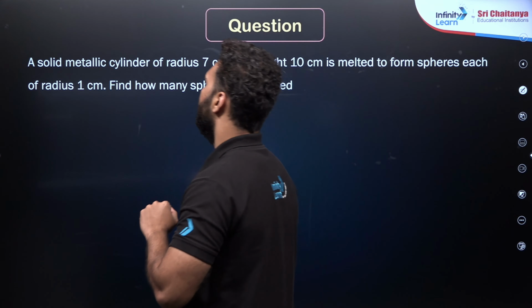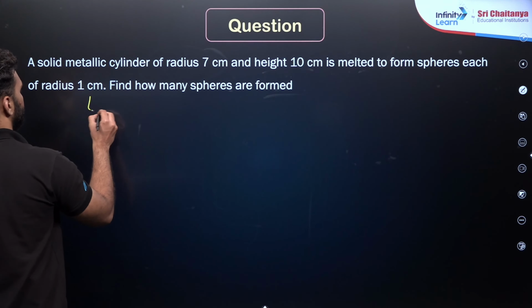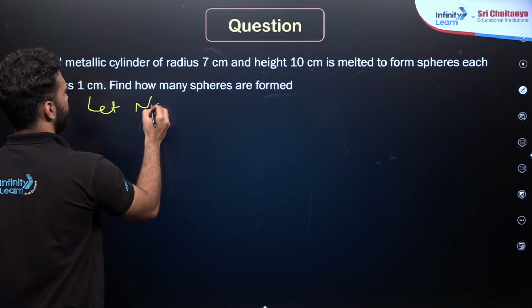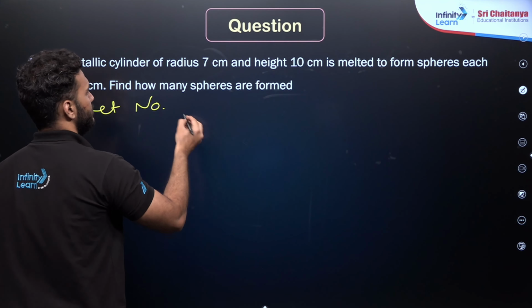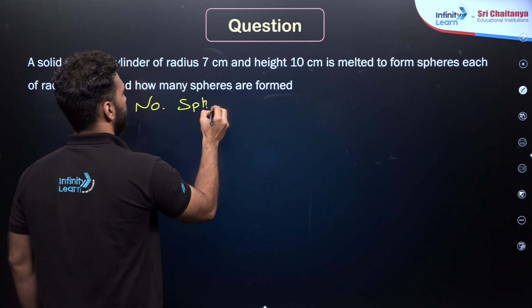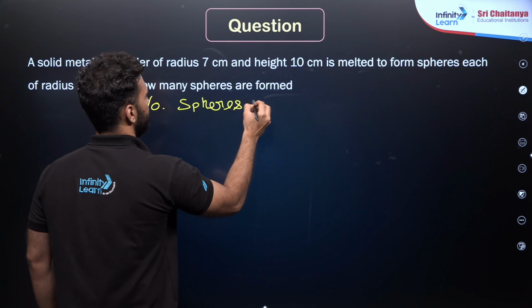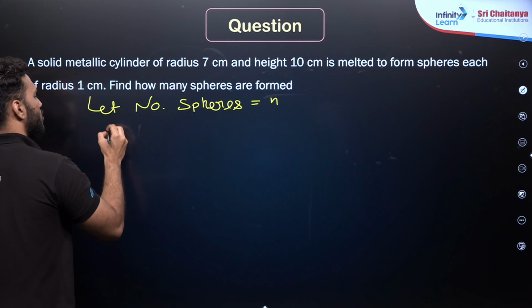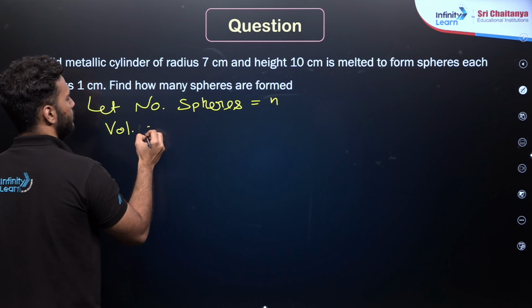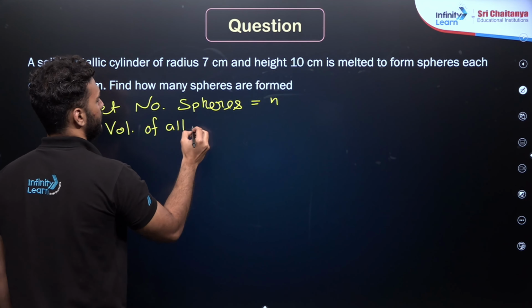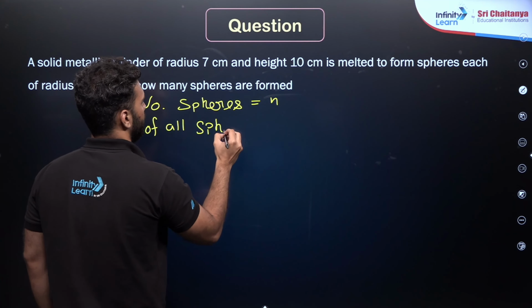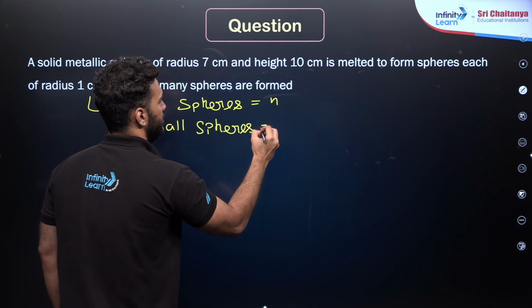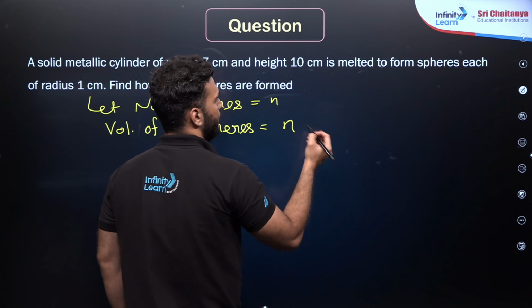I will let you know how. Let's say the number of spheres is equal to n. Then volume of all spheres will be what? It is equal to n into volume of one sphere.